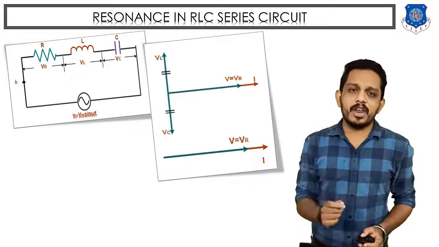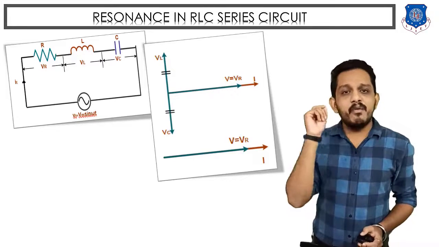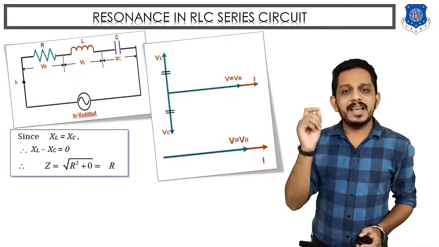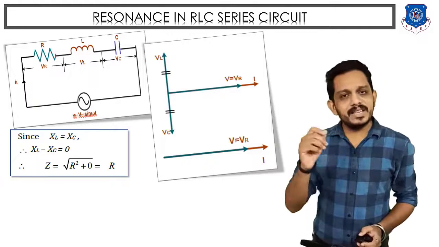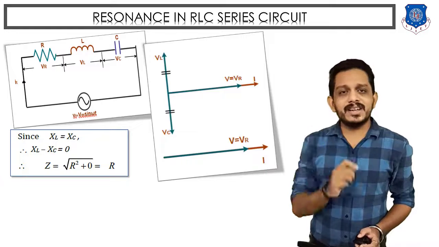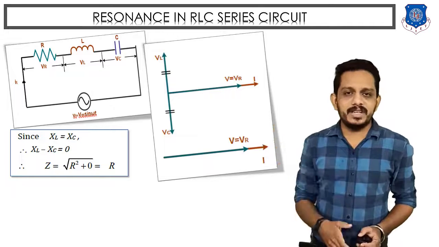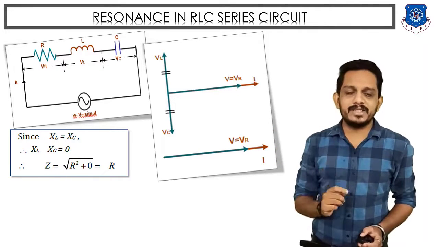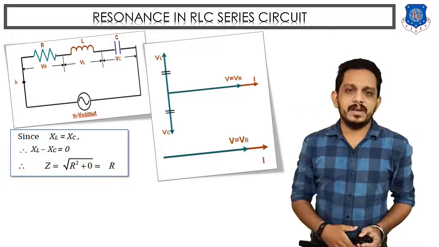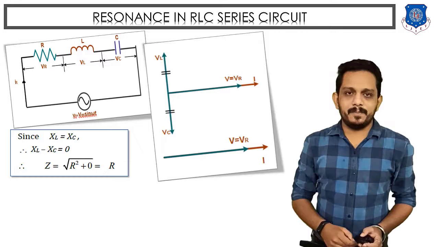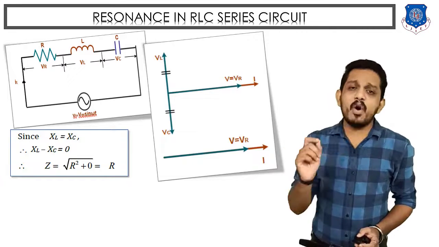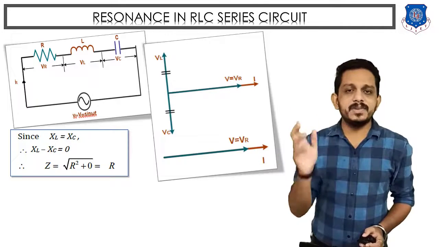But here we are talking about the case where VL and VC have equal value. If VL and VC have equal value, then this condition in any series RLC circuit is known as the resonance condition. If VL and VC are equal, then VL minus VC or VC minus VL becomes 0.